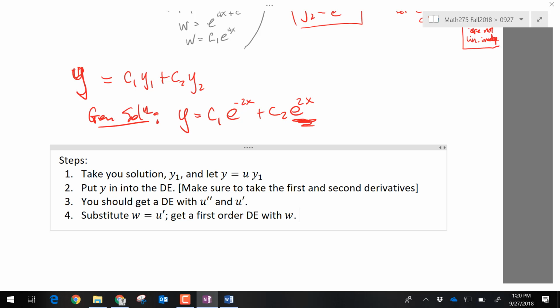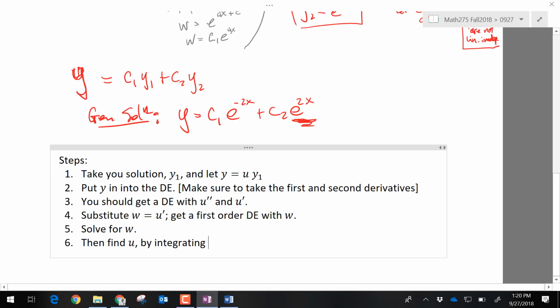Okay. We're going to solve for w. Then we're going to go back and find u by integrating w. Right? That's what we did.